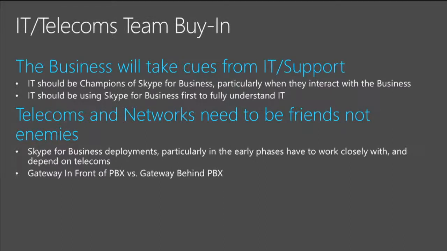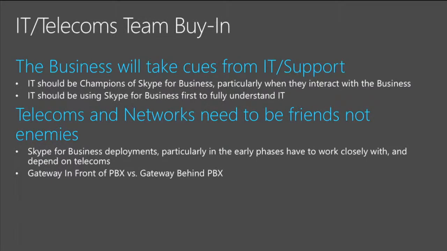You can either have a gateway in front of the PBX, in which case the gateway becomes the authority for your call routing, and the Skype for Business team, and I use that phrase loosely, but the people responsible for Skype for Business, which might include telecoms, control that routing, which is great because me as an external consultant and a company that deploys this, we're in control, we can see what's going on, we can route calls, make sure everything works. But also it's seen as risk potentially to the telecoms team because you're in front of them in the call flow, and if your stuff goes wrong, they could be impacted.